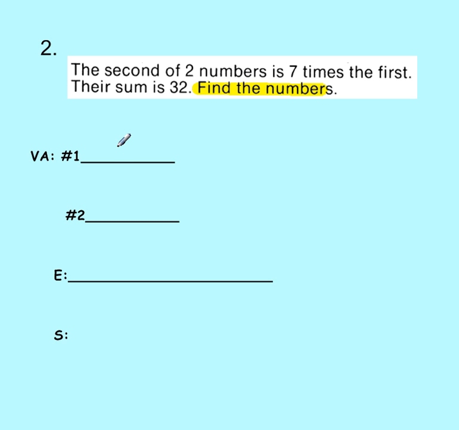So I'm going to make this n, and then I can write my expression to define my second variable. It's going to be 7 times the first, so that's 7n. Now it says 32 here, so everything equals 32. It says their sum, so I have to add variable assignment 1 and variable assignment 2.